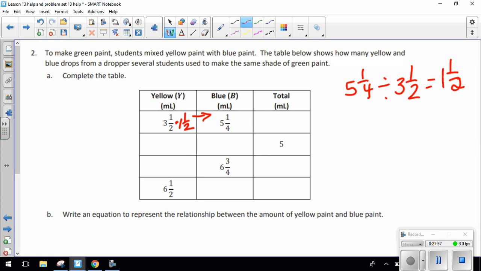Again, what I did was I started with yellow, and since 5 is a fairly small number, I asked myself, if I take 1 and times it by 1 1/2, well, that's not going to change. But 1 plus 1 1/2 is 2 1/2.